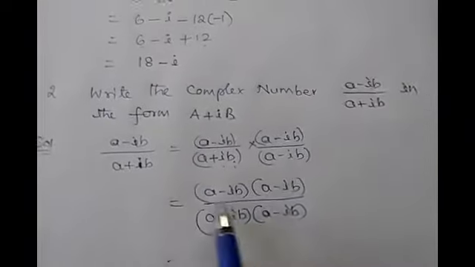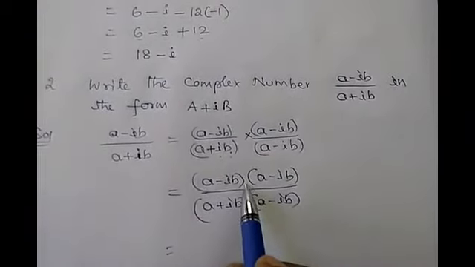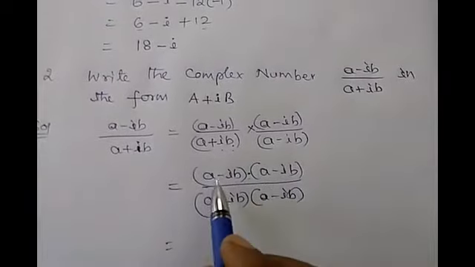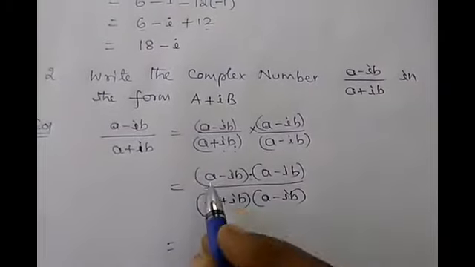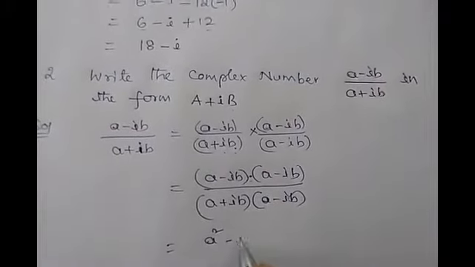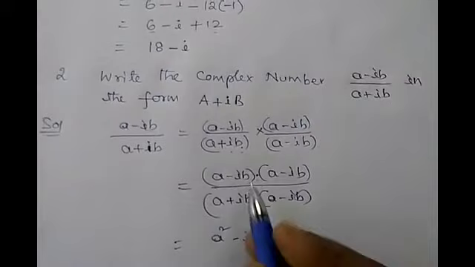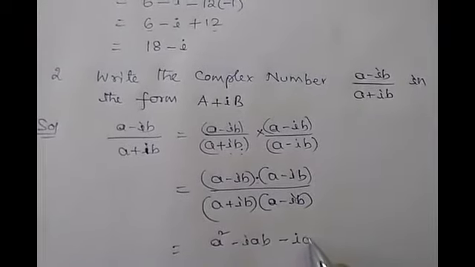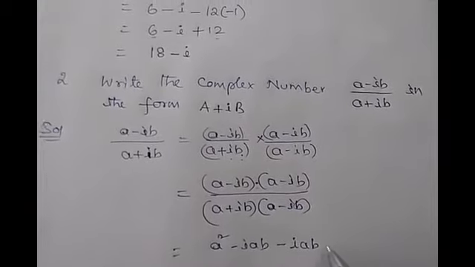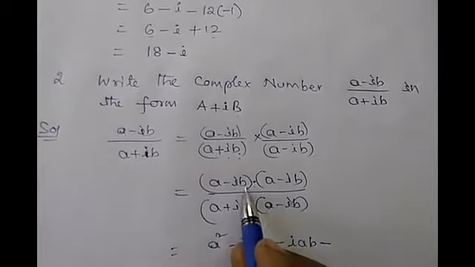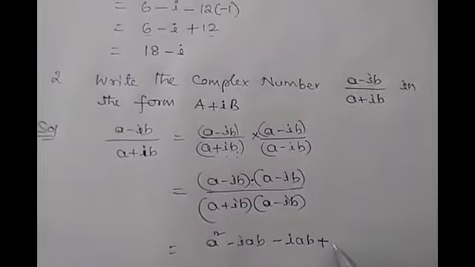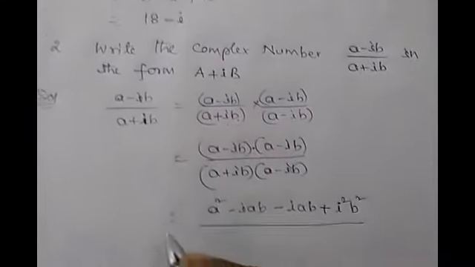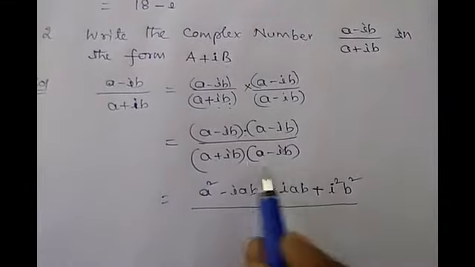Now multiply as usual using complex number multiplication. A into a, a square. A into minus ib, minus iab. Minus ib into a, minus iab. Minus ib into minus ib, plus i square b square, divided by (a plus ib) into (a minus ib).